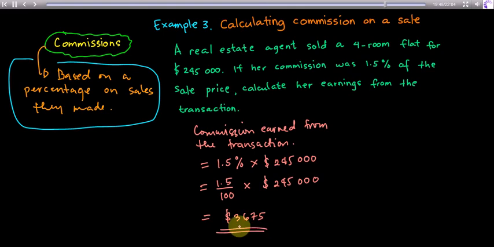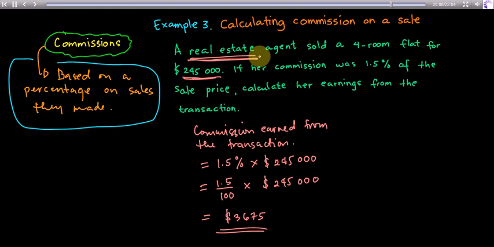Meaning this is her commission on a sale of 245,000 for a certain 4-room flat. This is based on real estate marketing.